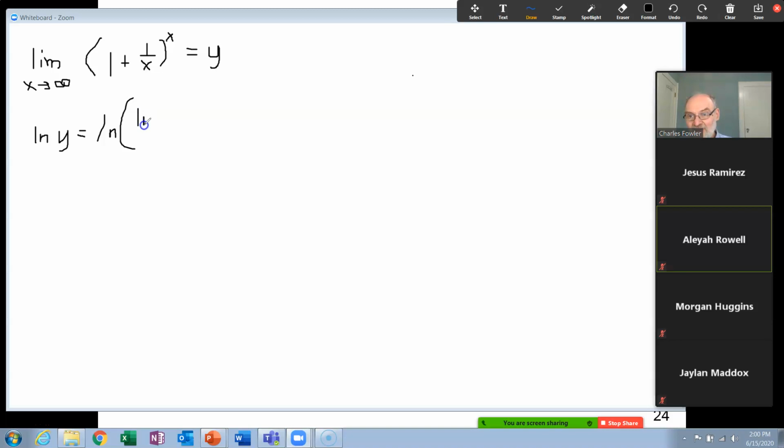The limit as x goes to infinity of the log of 1 plus 1 over x, to the x.